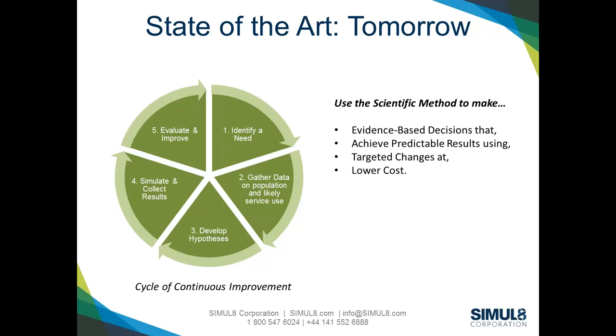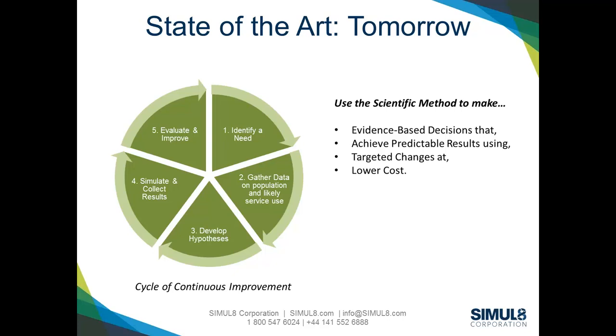It's designed to make sure that we make evidence-based decisions, that we're making decisions based on data and actual experimentation. It's intended to help us achieve predictable results, right? So we know what's going to happen every time we do something, as opposed to hoping for the best or some of the other things that we do today.